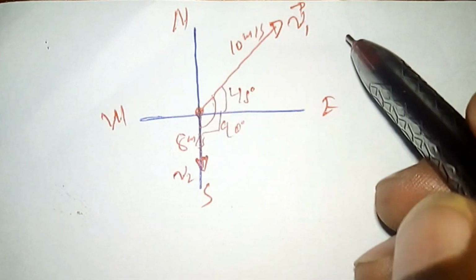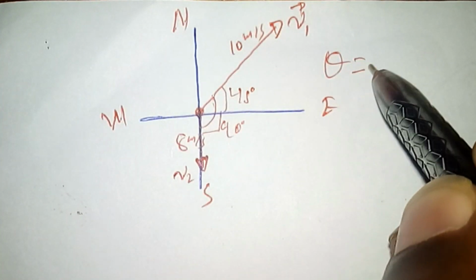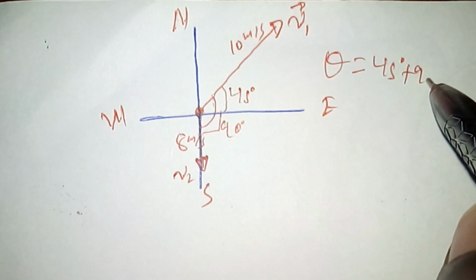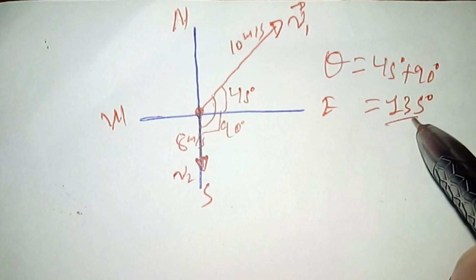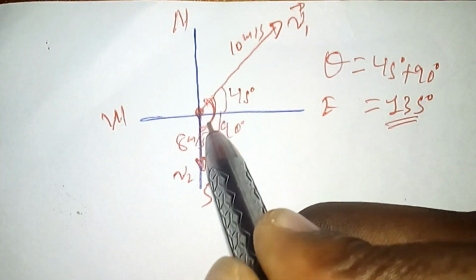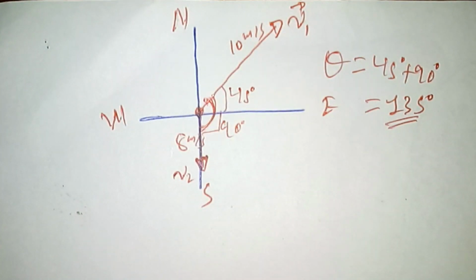So the angle between the two velocities when drawn tail to tail is 135 degrees. Then I can apply the cosine rule to get what I calculated previously.